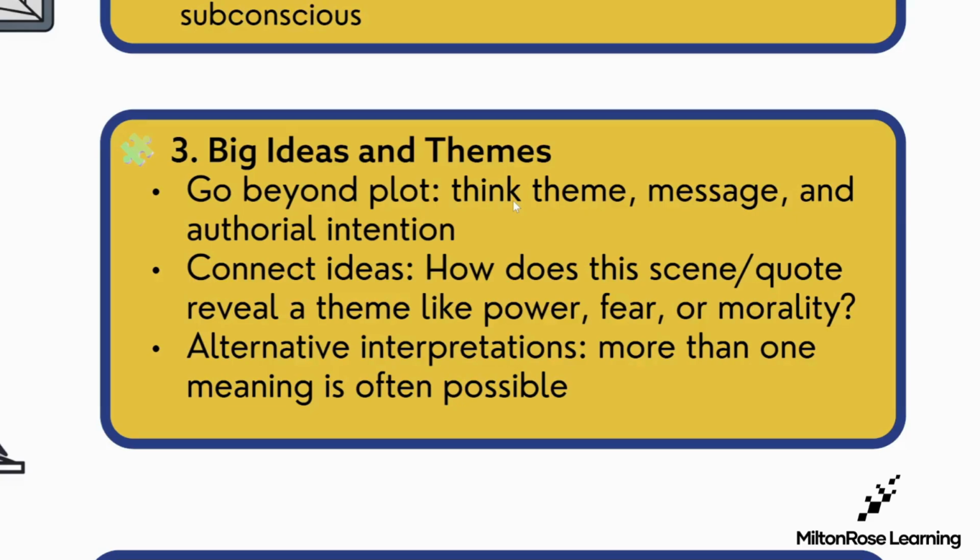What's he trying to actually do? So I think try and go beyond the plot and link it to the big ideas, okay? Very, very important. So for instance, if you're analysing a quote, how does that link to the theme of power, fear, morality, or in today's lesson, the duality of man? Link it to the big ideas and you'll always get better marks.